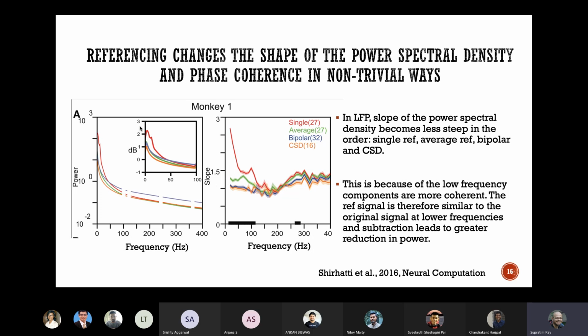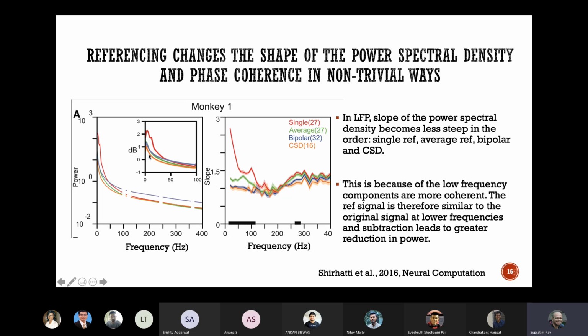You may have remembered that if you do field coherence, then you see higher coherence at lower frequencies, which means that the lower frequencies are more similar to each other across the scalp. And therefore, if you subtract it, there's a larger reduction of the signal as compared to higher frequencies, causing this slope to fall.